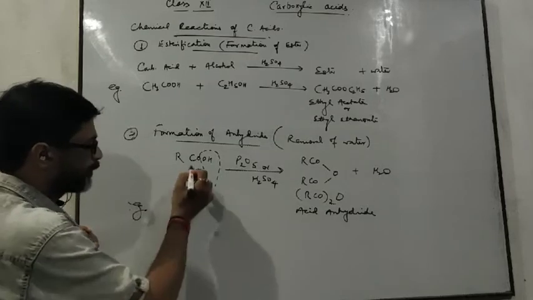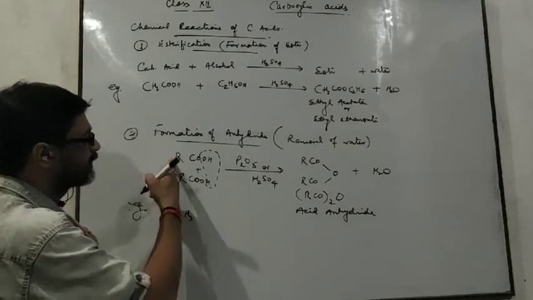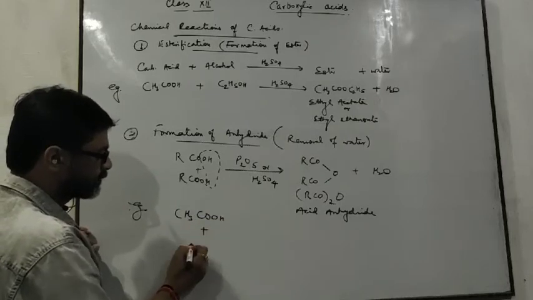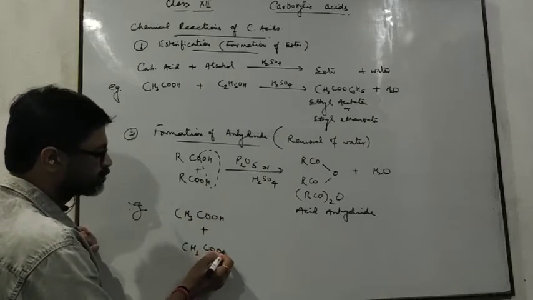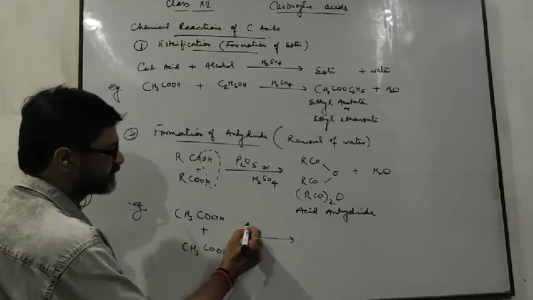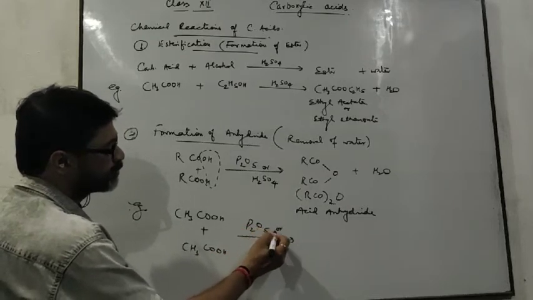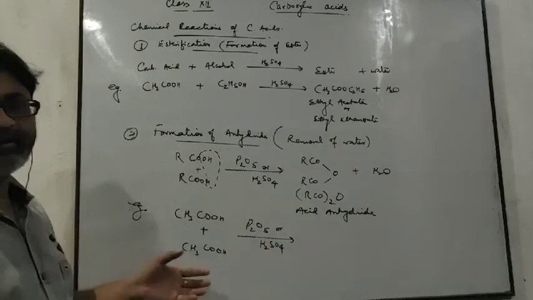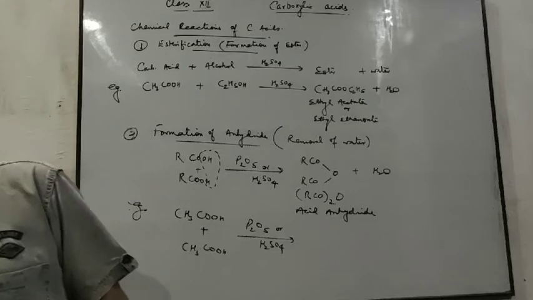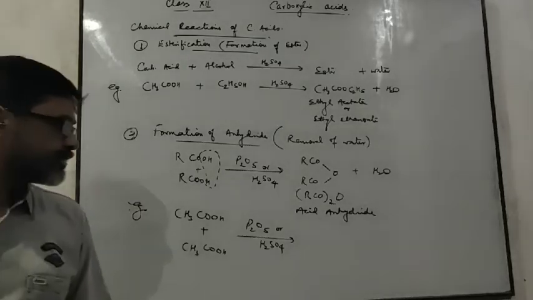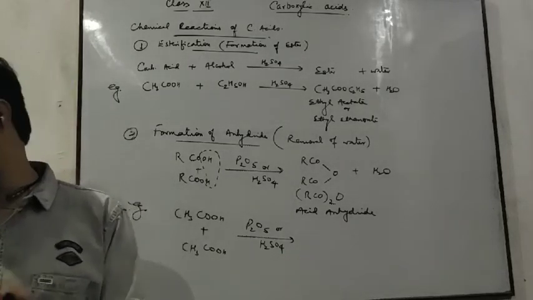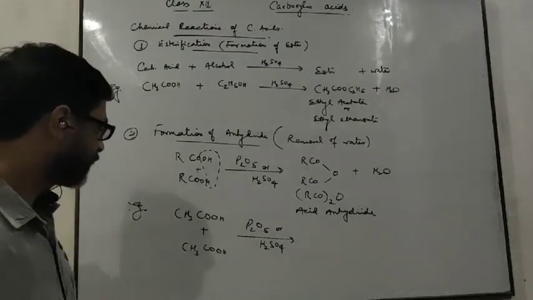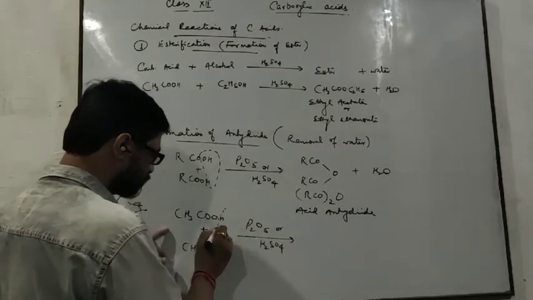We take an example by taking the alkyl group as CH3. CH3COOH, CH3COOH, two molecules of ethanoic acid in presence of P2O5 or H2SO4. They are dehydrating agents. Either P2O5 or H2SO4 can be used as a dehydrating agent, which removes one molecule of water, and H2O is released.